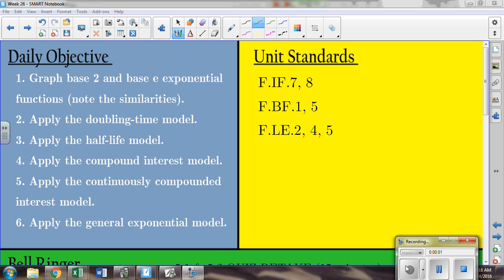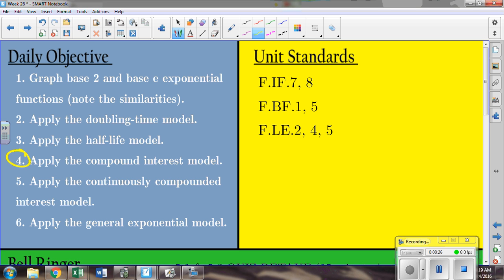In this video, we are going to continue our discussion of section 5.2, base 2 and base E. Basically, there are only two things we're going to cover in this video. The first, we will look at applying the compound interest model, or rather we will revisit it since we've seen it previously.